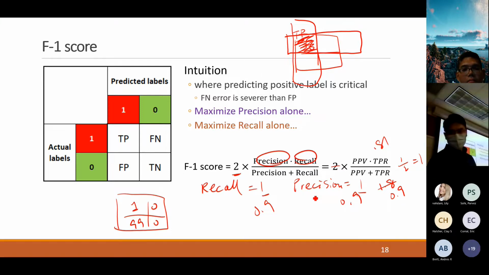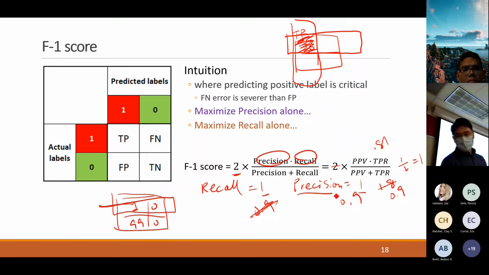In this case, you have a recall of 1. Recall is where you calculate the percentage of the true positive of the first row. You have recall of 1.